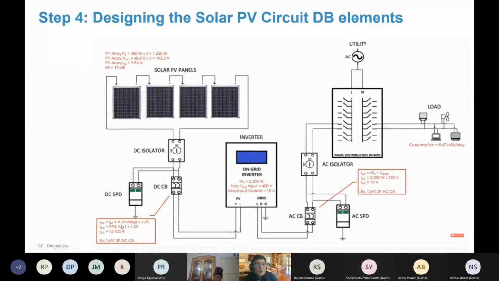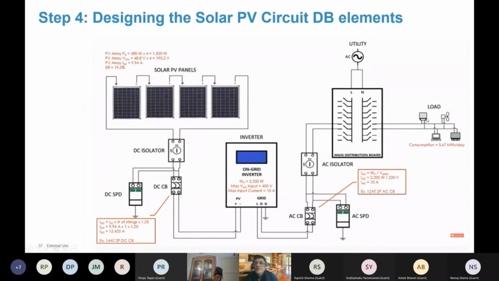So your circuit breaker rating should not be less than 12.425 ampere. So we have selected a 14 ampere, 2-pole DC circuit breaker. This is how a circuit breaker rating has been computed.